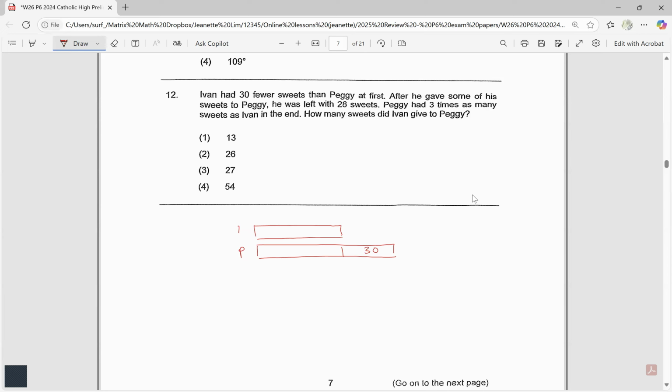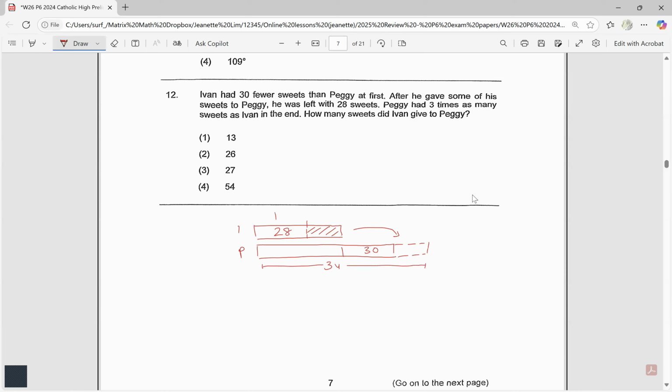After he gave, as in Ivan gave some to Peggy, he was left with 28. So let's remove part of this. He's left with 28. Okay, so this is 28. And Peggy would be 3 times. So this is 3 units.